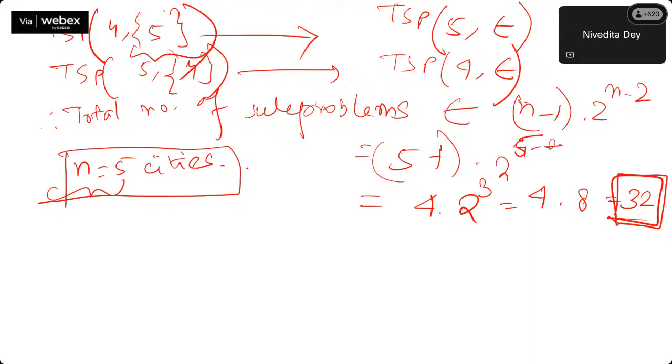Okay. Now this entire thing is to prove that TSP is a hard problem.